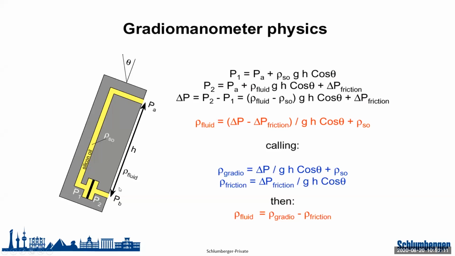The column of fluid is given by the density of the fluid in the wellbore times gravity times the height and cosine of the angle, in this case, a deviated well, plus the delta P caused by the friction of the flow with the tool across the ports.